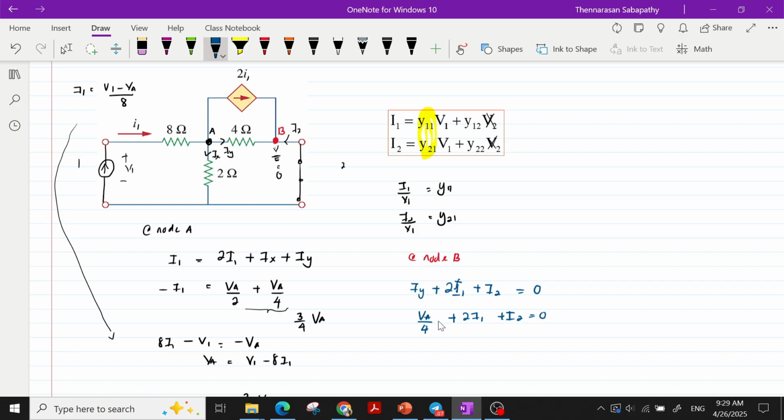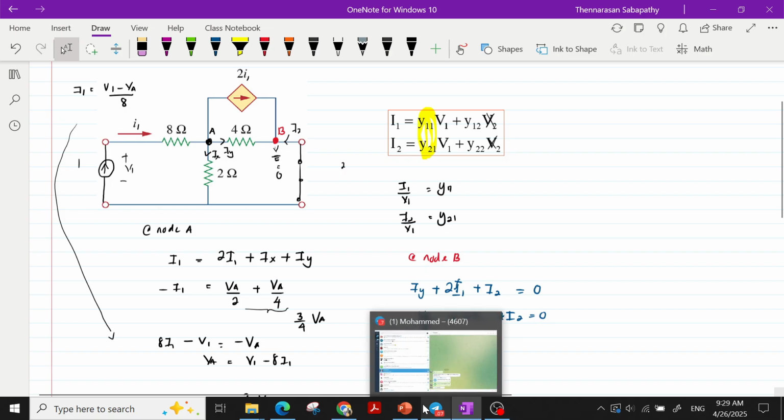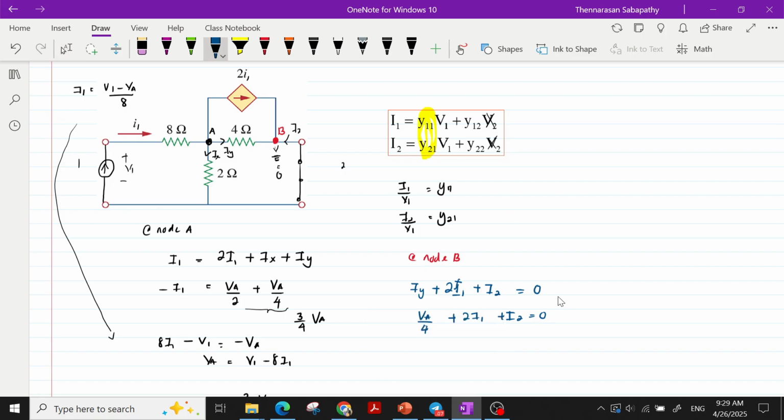And what is VA? VA we already found just now: VA is V1 minus 8I1. If I want to get rid of the 4, I just multiply everything by 4 first.